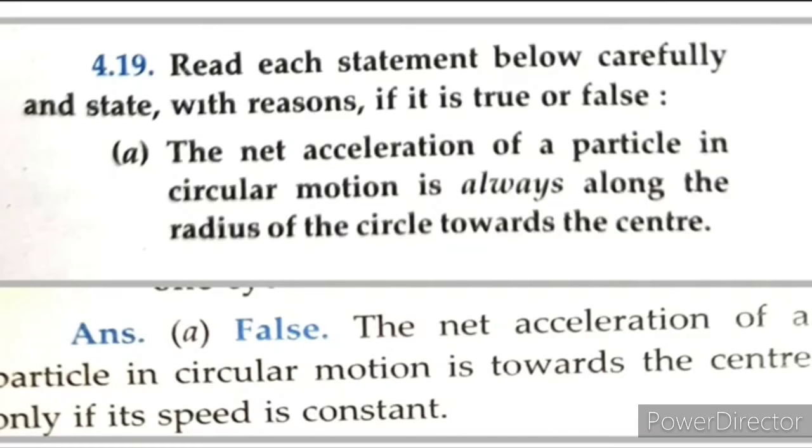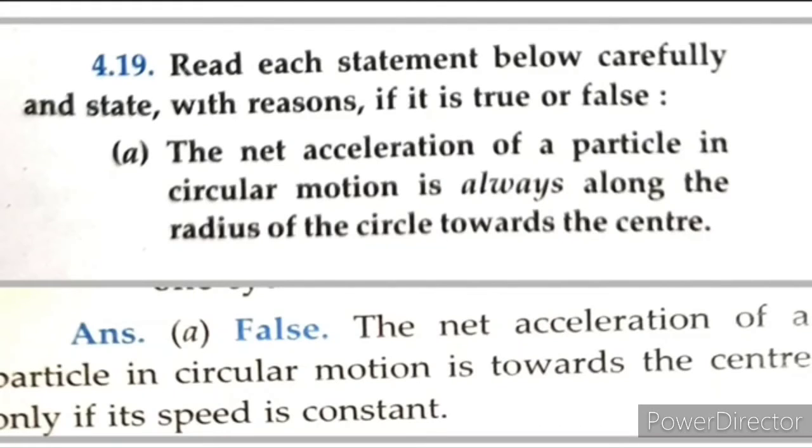So we know centripetal acceleration is directed towards the center. But in general circular motion, if the speed is not constant, along the tangent also there will be an acceleration. We actually call that acceleration tangential acceleration, and centripetal acceleration is acting along the radius.